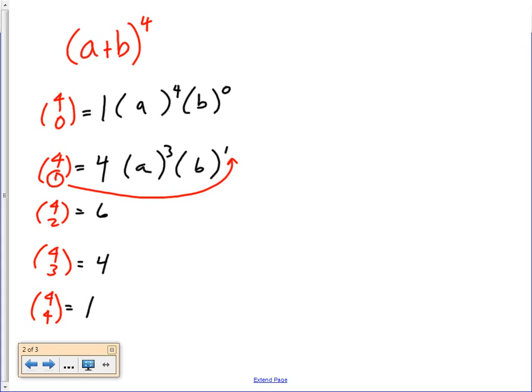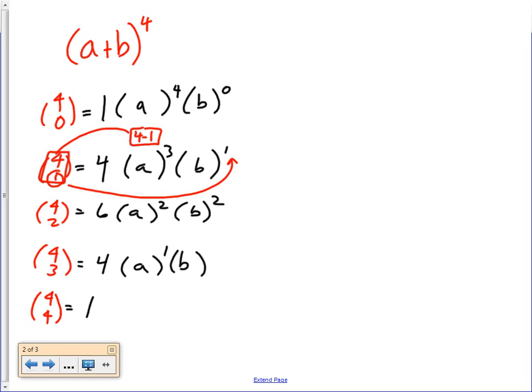Whatever this is, whatever 4 minus 1, whatever the subtraction of those two goes right there. So the next one would be a squared b squared. So the next one would be a to the first, b to the third, but we already knew all this.